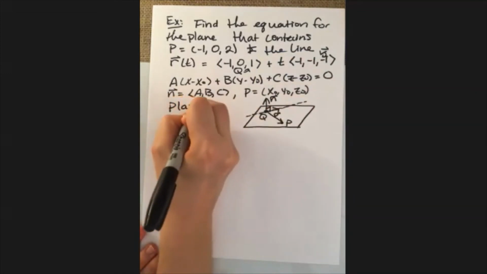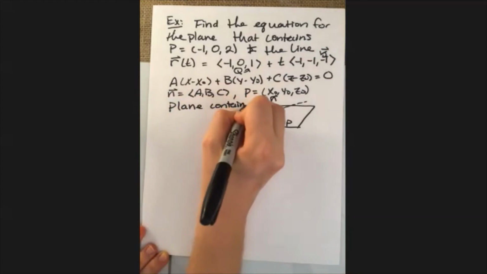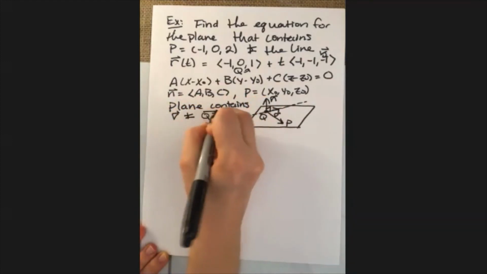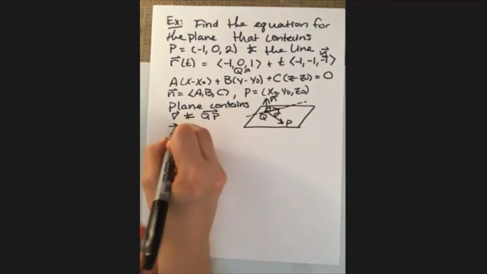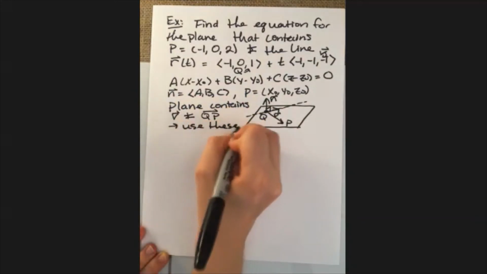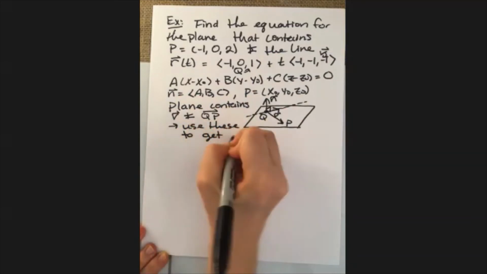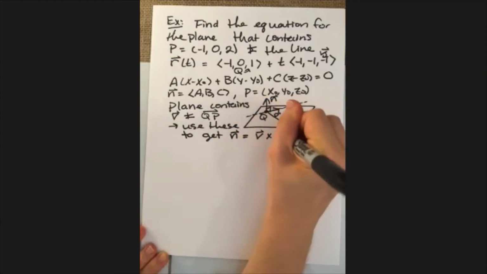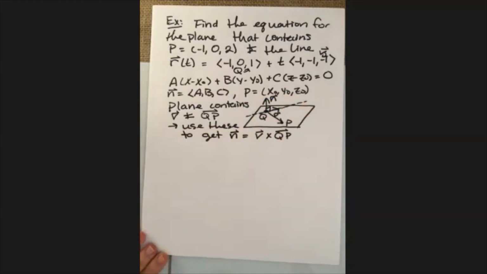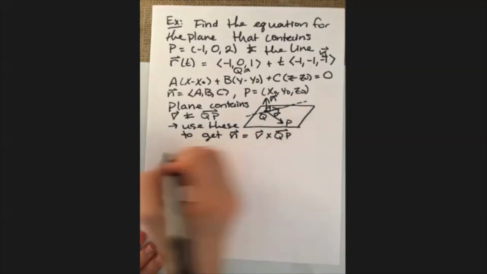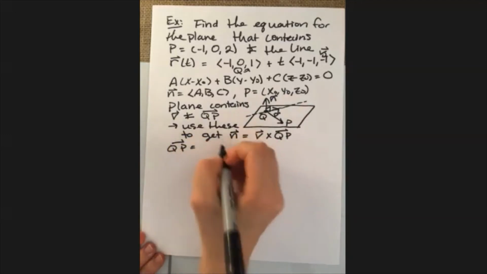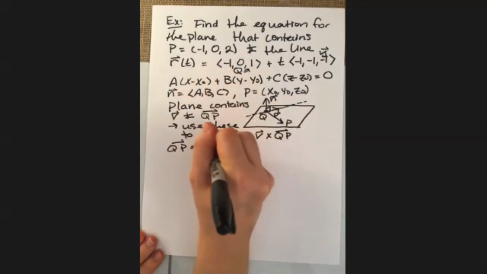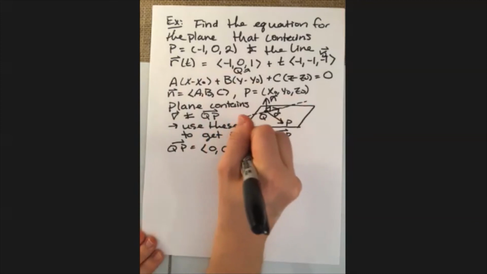So our plane contains V and QP, and we can use these to get our normal. So in this particular case, QP is equal to (0, 0, 1).